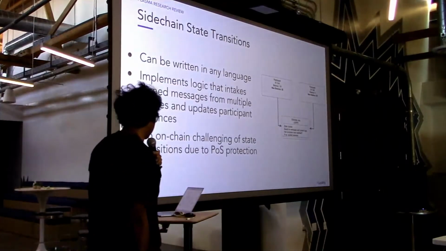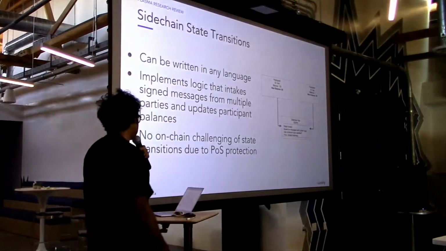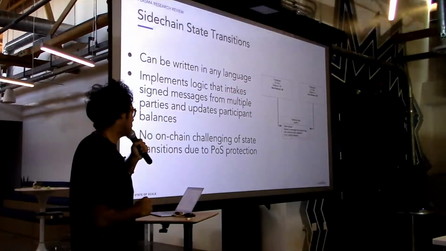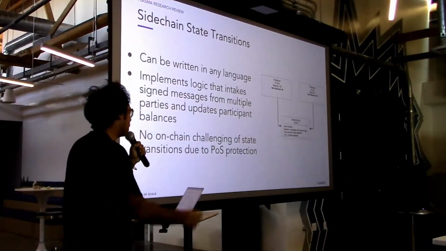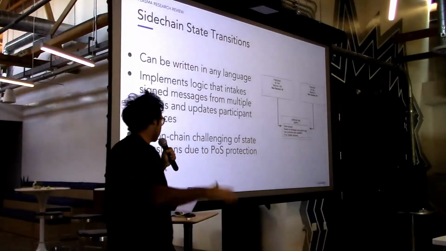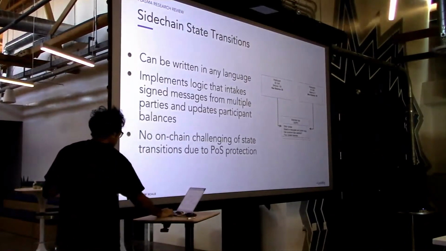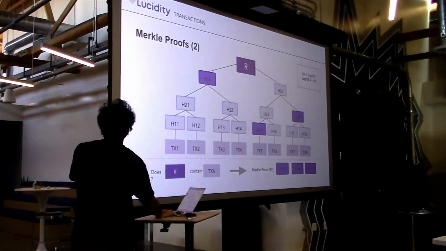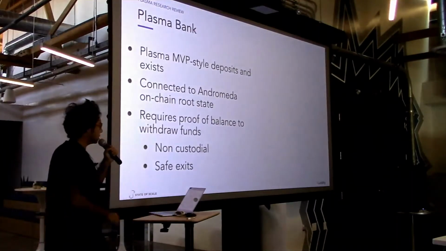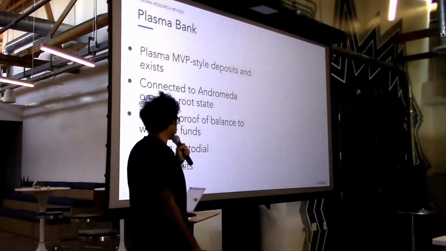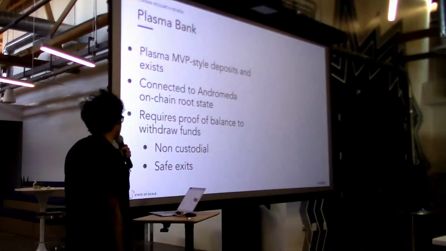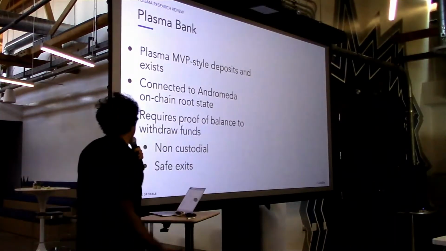There are always trade-offs. The bad part is you don't have any on-chain challenging of invalid state transitions, so you're fully relying on the sidechain's proof of stake mechanism. However, your assets are fully secured, and that's the key mechanism.